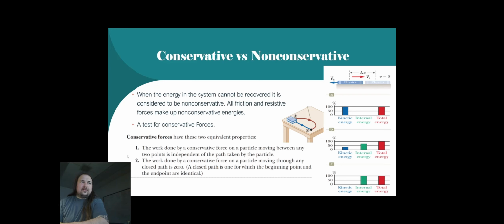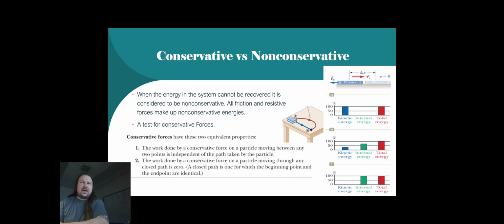And those two are here. If work is done by a conservative force on a particle moving between any two points, it's independent of the path taken. So you can see here with our book, we're moving from A to B. If there's friction involved, A to B would be different than trying to take the red path.